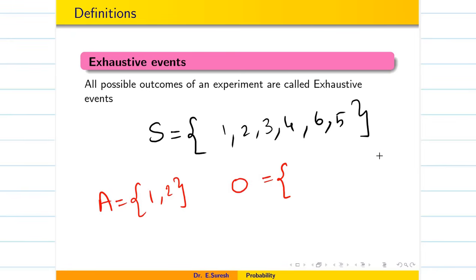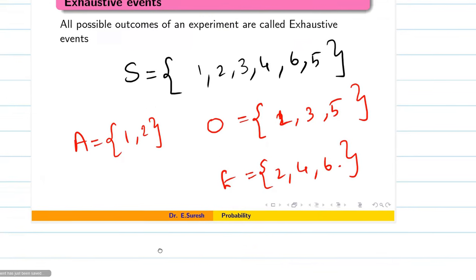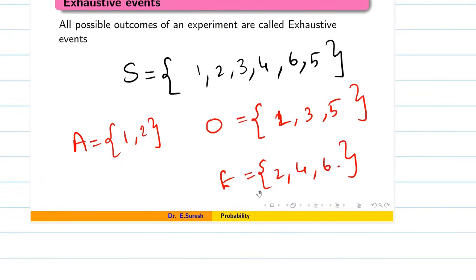The same odd numbers, 1, 3, 5, and the even numbers, 2, 4 and 6. When you speak about mutually exclusive, you do intersection. When you speak about exhaustive, you do union. Let us see what we are going to do.